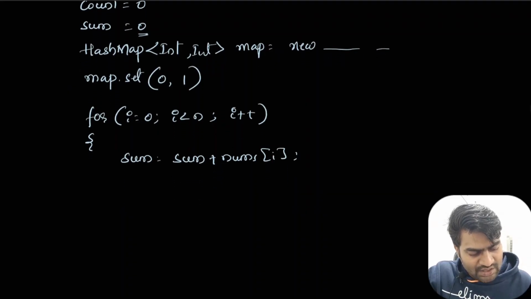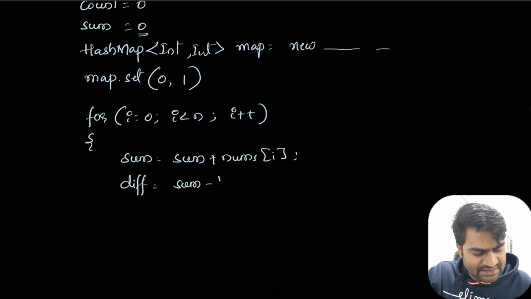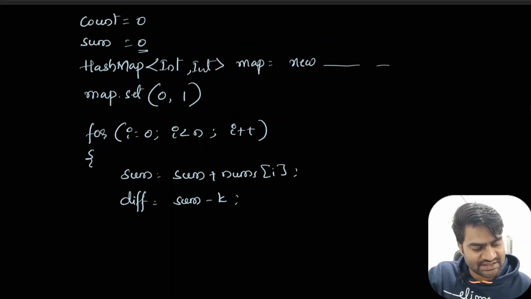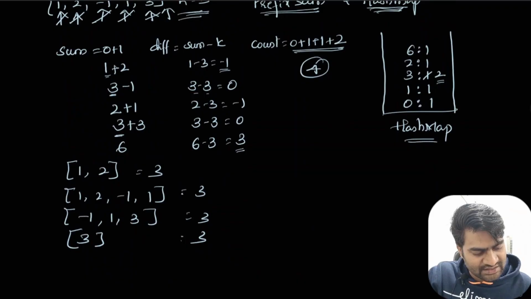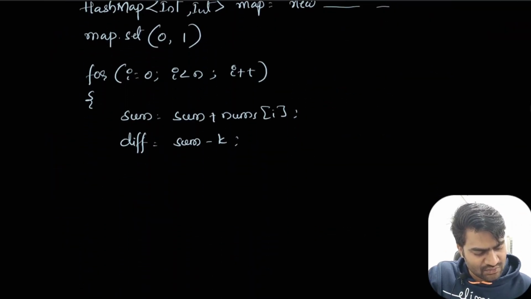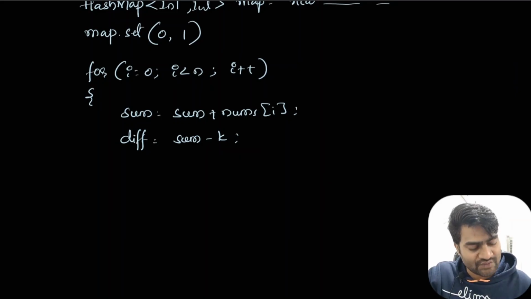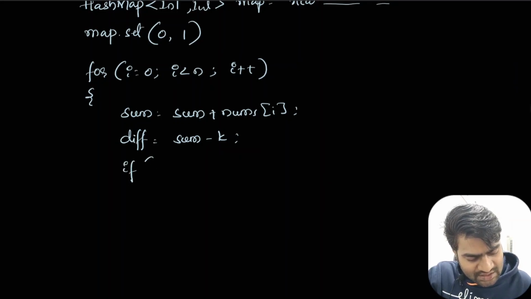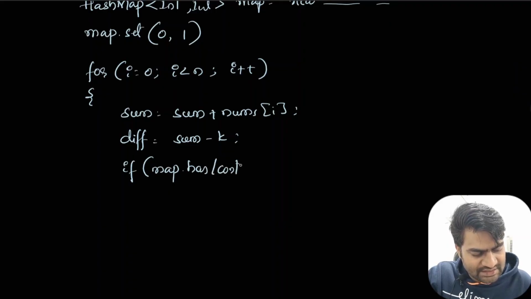So this will give us sum, and now I will check the difference. The difference will be basically my sum minus k. Now we will check if our map has or contains this difference.